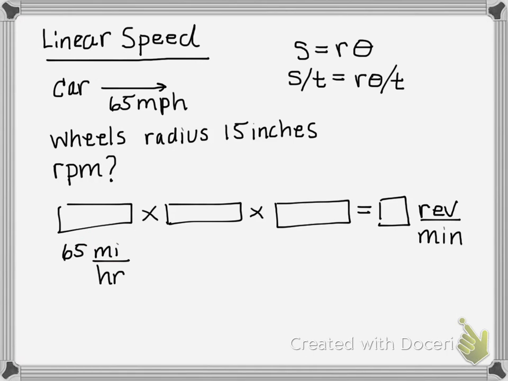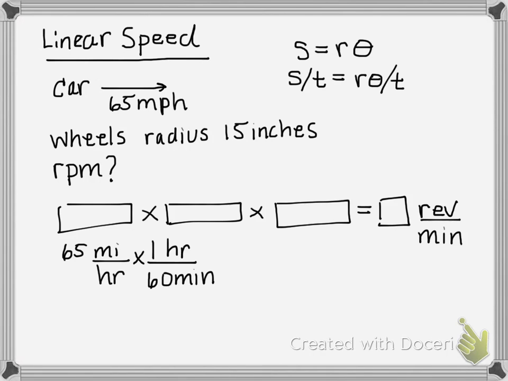I don't know if that's the best way of thinking about it, but that's what's going to happen. So let's look at the minutes first, the hours and the minutes. That's really easy, right? There's 1 hour for every 60 minutes. And I'm keeping track of the units here.